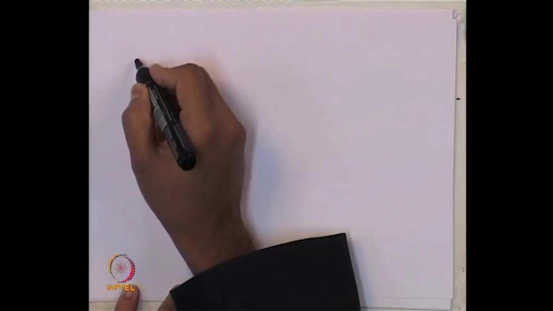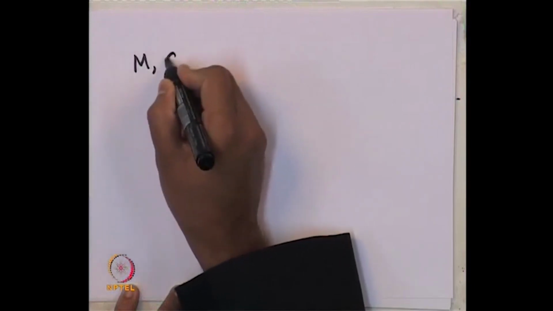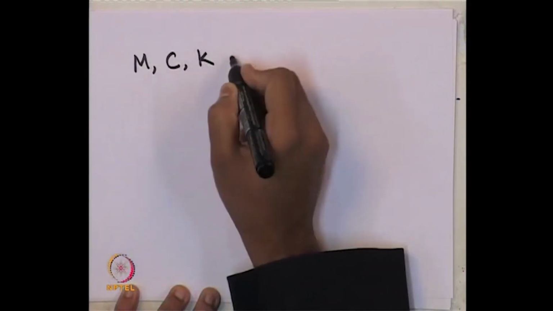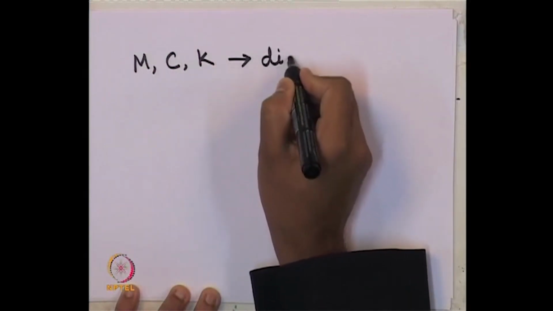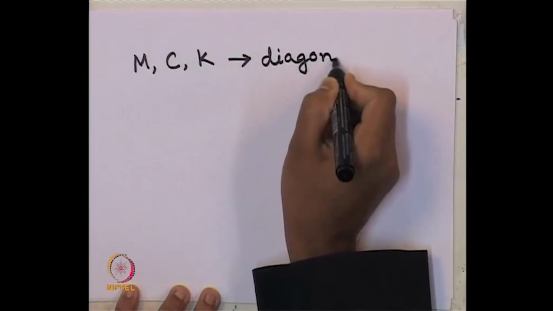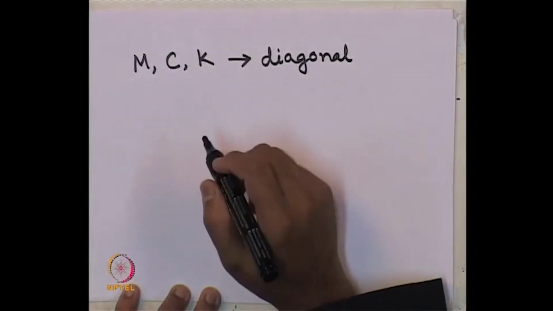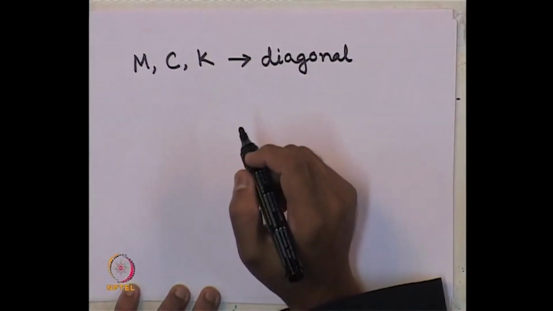So, that is called the natural coordinate system. When M, C, K are all diagonal, we call it the natural coordinate system.